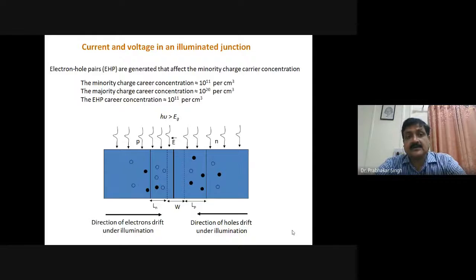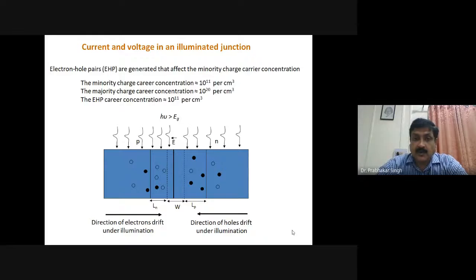When you put light on this, electron-hole pairs are generated, and their concentration is about 10 to the power of 11 per cubic centimeter. This means it is affecting the concentration of only the minority charge carriers, not the majority. You can see the magnitude: it is still about 10 to the power of 9, a billion times higher. So it is not affecting the majority charge carrier concentration.